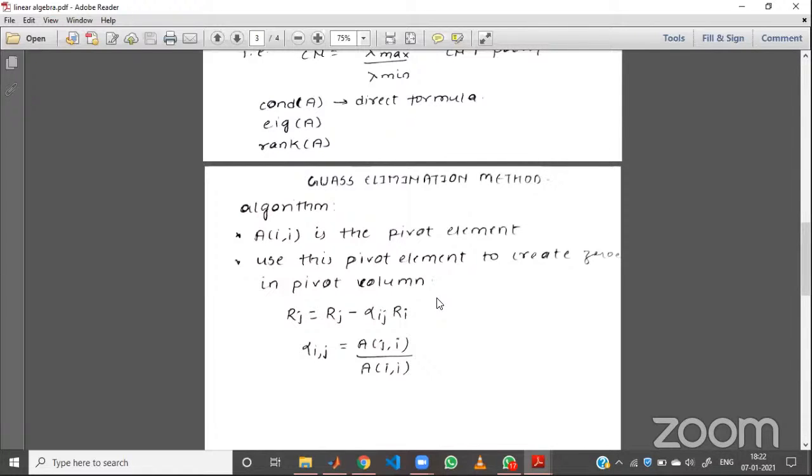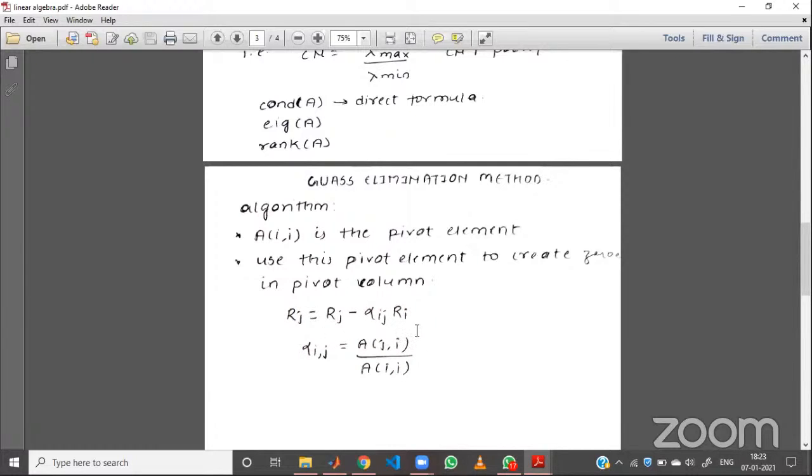The other two elements which will become 0 in this step are a(2,1) and a(3,1). In the next step we take a(2,2) as the pivot and make a(3,2) equal to 0, by using these equations.